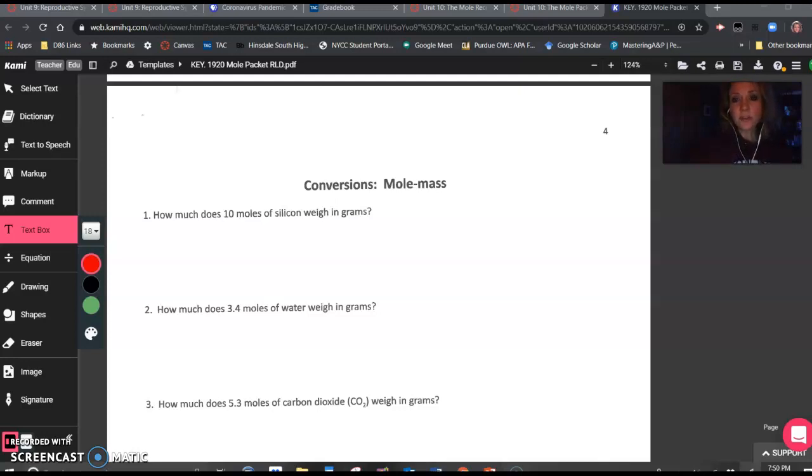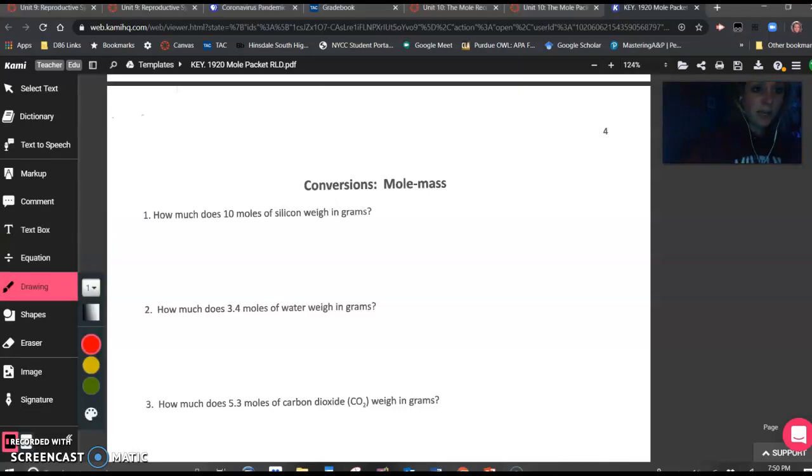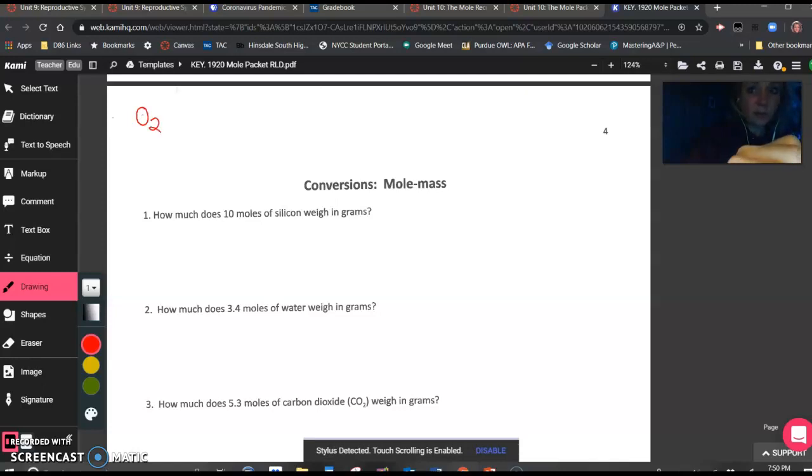Okay, so the first thing that I wanted to do is talk about how to set up a proportion. And here's the thing about proportions that I think is really cool. You can flip them and then they're going to say the same thing. So for instance, let's calculate the molar mass of oxygen, which has a formula of O2.